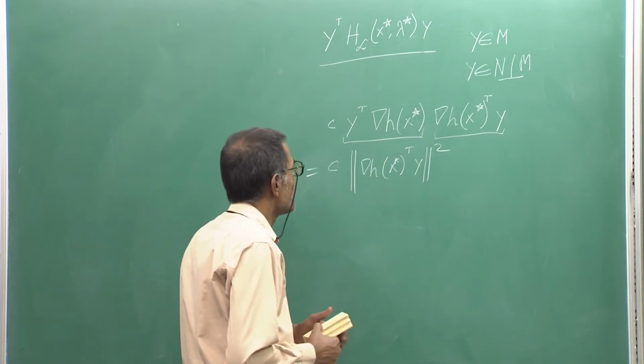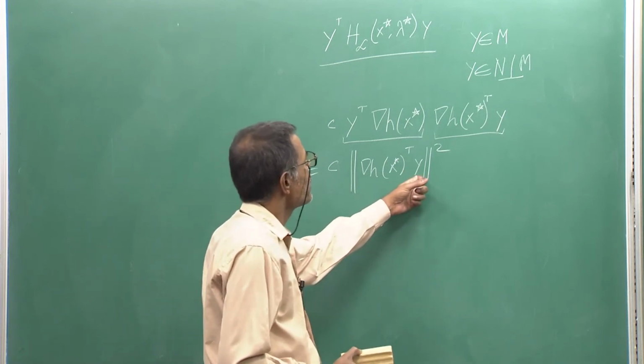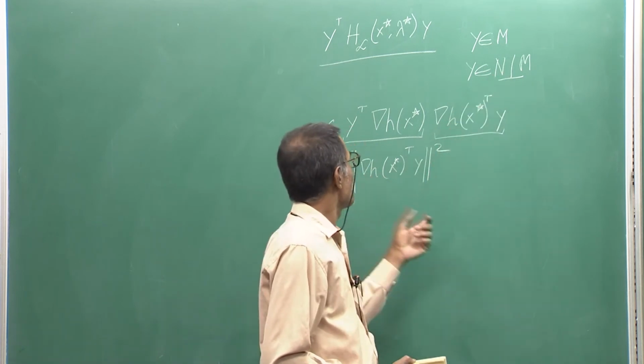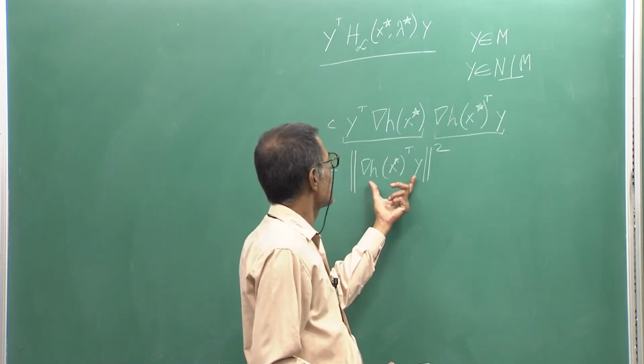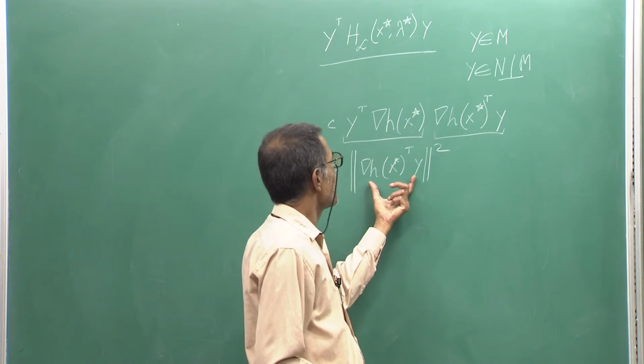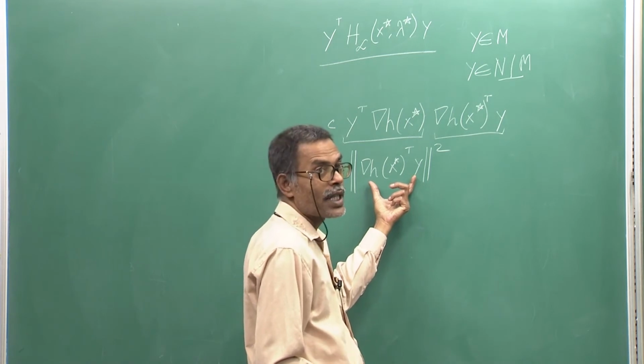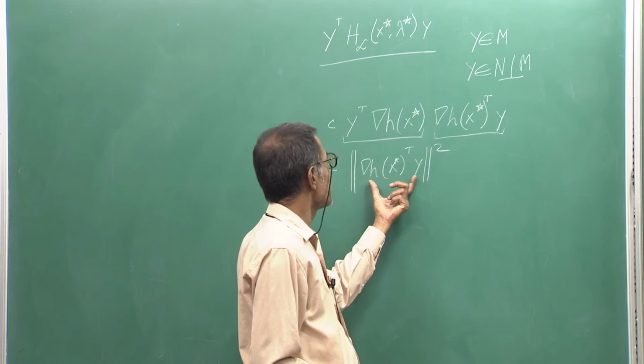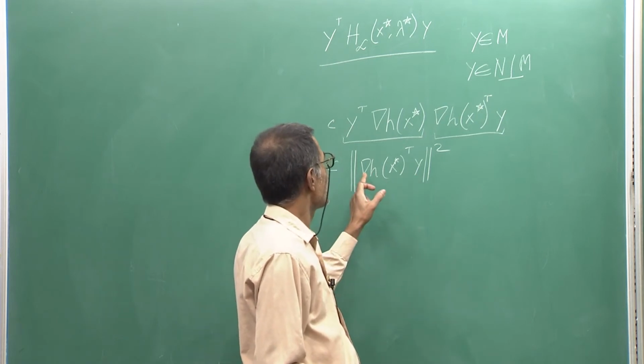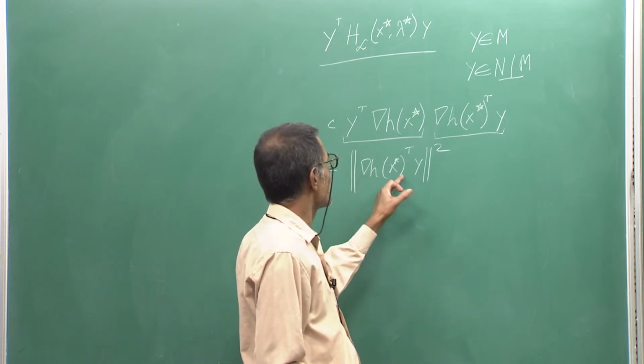Now, if you take y in the normal direction, then grad h(x star) transpose y will be a non-zero vector, because a vector normal to the tangent subspace is essentially a linear combination of the columns of this matrix.